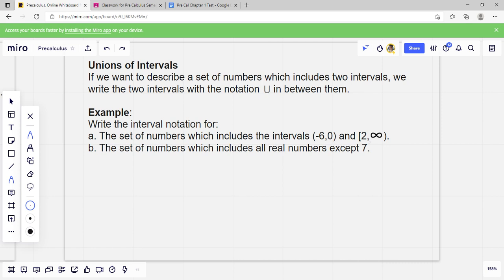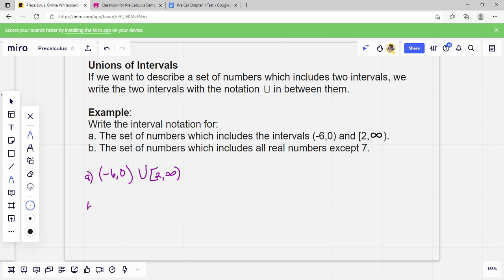We're just going to write this first one, and then we're going to write this big U, and then we're going to write the second one. Super easy. That was A.